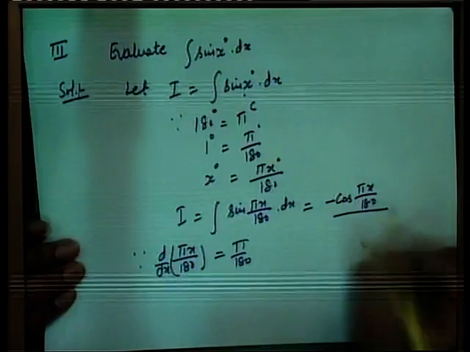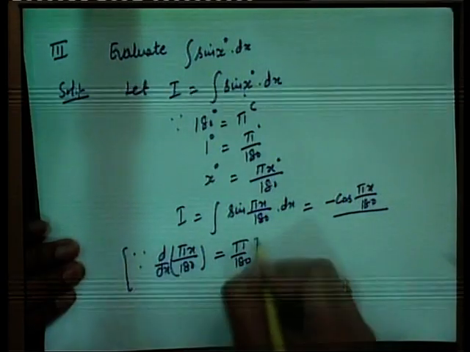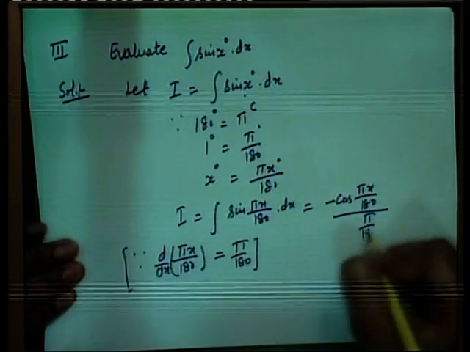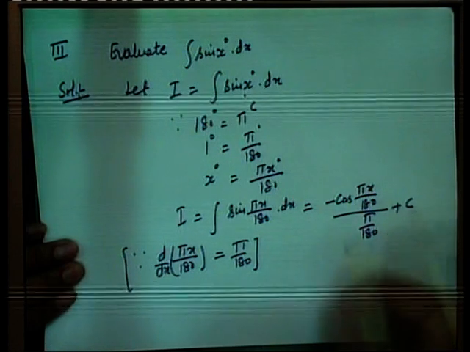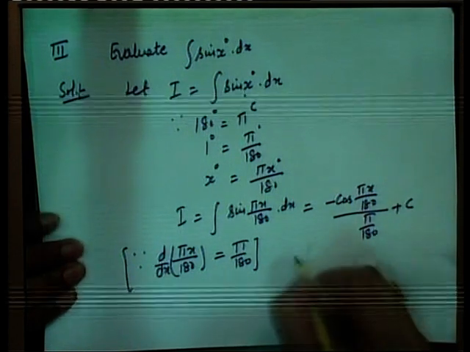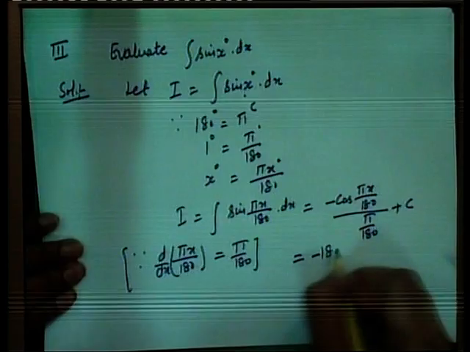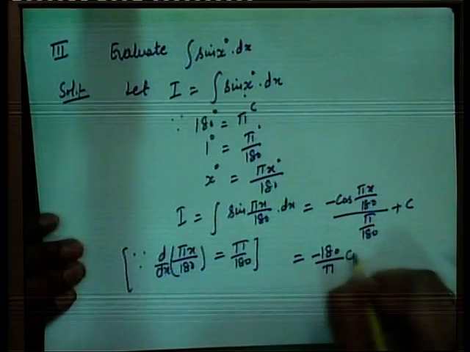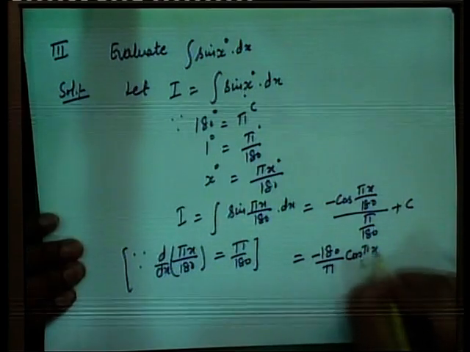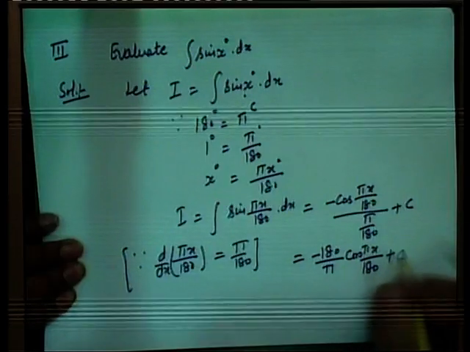So, we have to divide by pi over 180, plus c. Or taking 180 in the numerator we can write this as minus 180 over pi cos pi x over 180 plus c.